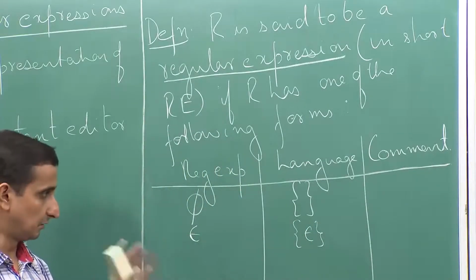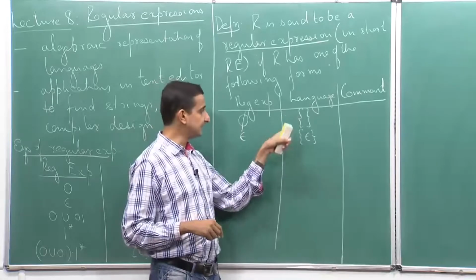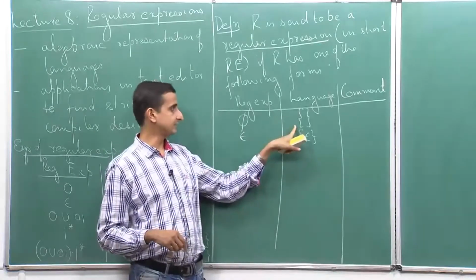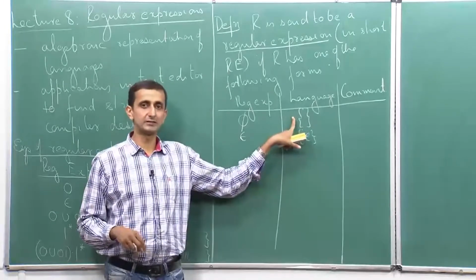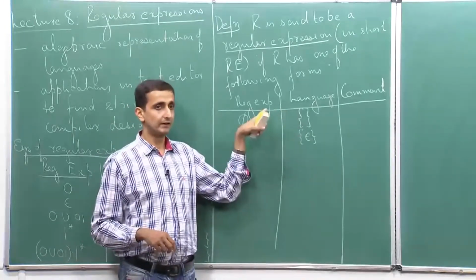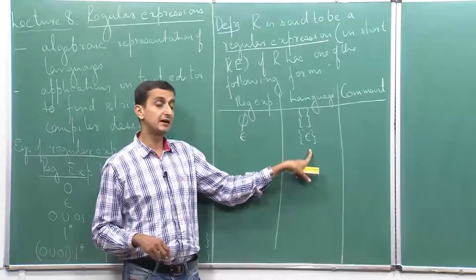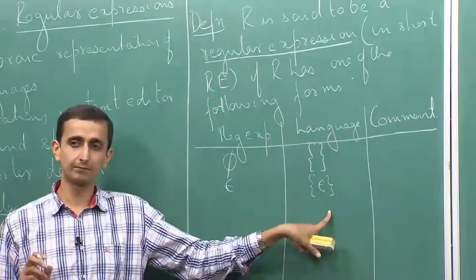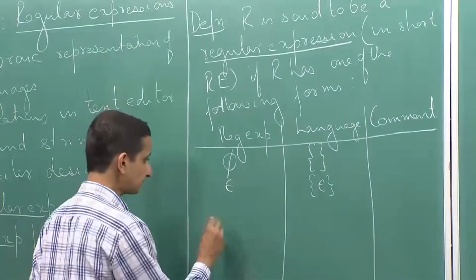An important point is that these two languages are different. The first language is the empty set, which does not contain any string. The second language contains a single string, the empty string epsilon.